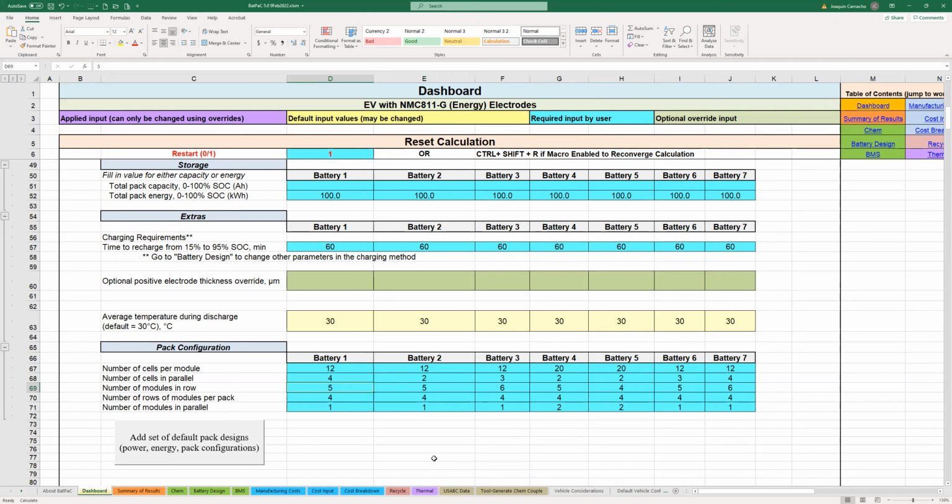So if you add more modules and you add more cells, that gives the battery more capacity. It's going to have more charging capacity, and it's also going to control the voltage, and it's going to control the size. So these variations here are different iterations that do 3 things: changes the capacity.